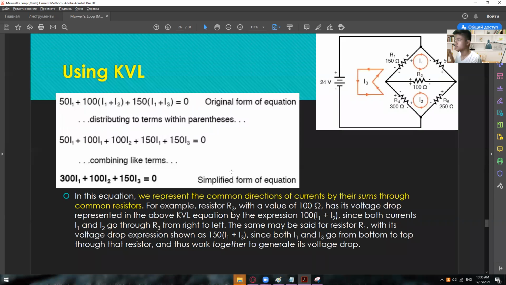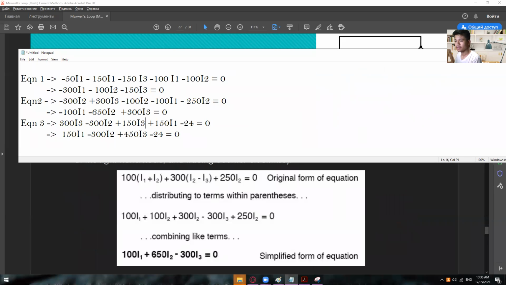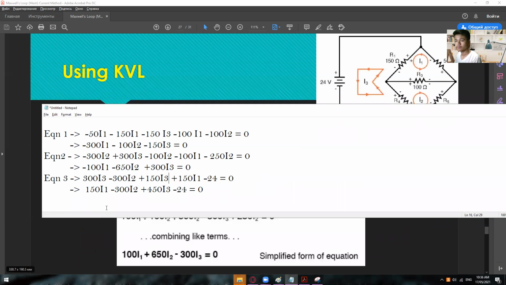Oops, is this the second equation? 50. This one is still the first equation. My bad. And this one now is the second equation. Yeah, so negative 100 I sub 1, 650, and then 300. Okay, so in here everything's just the opposite of the signages. So just multiply this one by negative, and then you will have the same signages for this one.